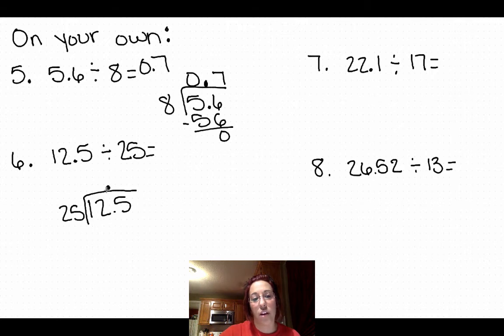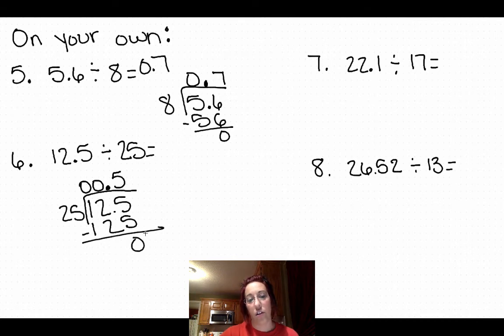Decimal goes straight up to the top. 25 will not go into 1, will not go into 2, but will go into 125. 5 times. 5 times 25 is 125. And we drop the extra 0 in front for the answer.